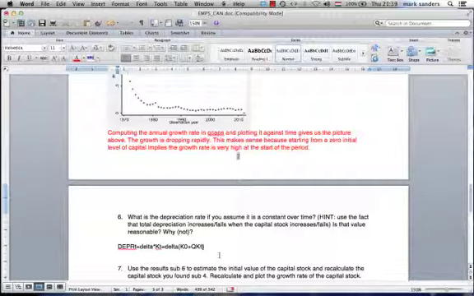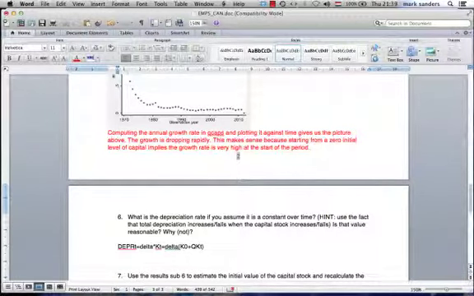Well, if you use this formula and rewrite it a little bit, you can take the depreciation at time t divided by delta, subtract K0, and that would be equal to the quasi-capital stock at time t.